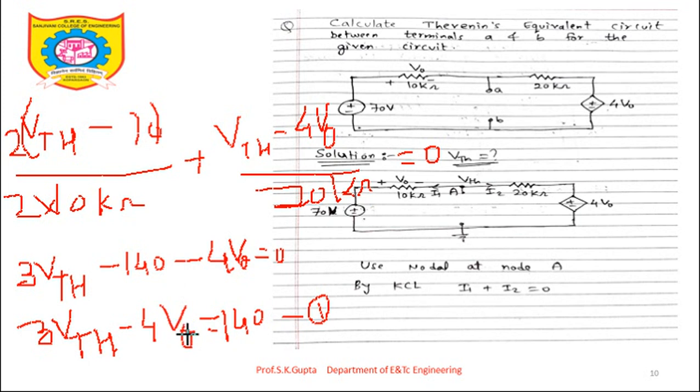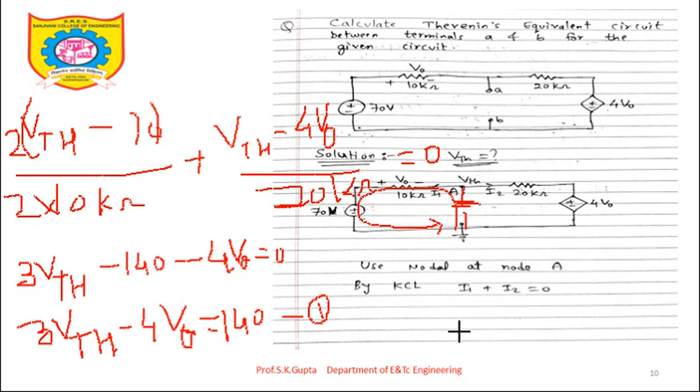How can I get one more equation? If I apply KVL in this loop, which is covered by this VTH voltage. Voltage here is VTH. You can consider one battery here, a VTH battery. So I will apply one KVL equation in this loop.